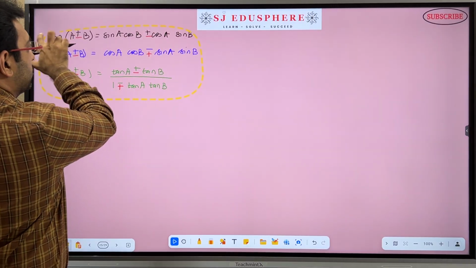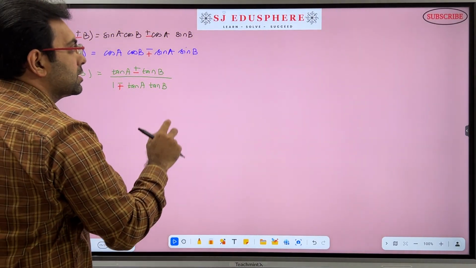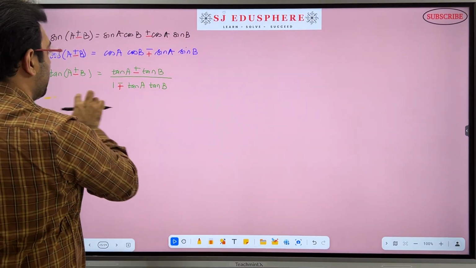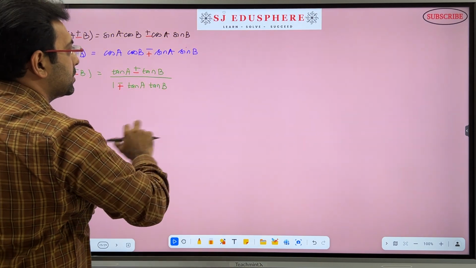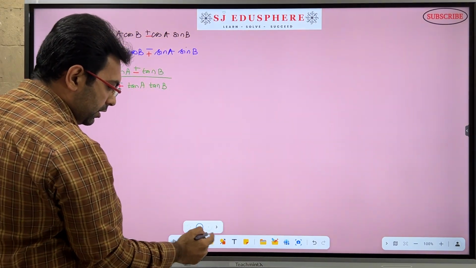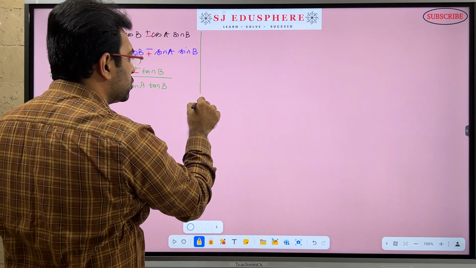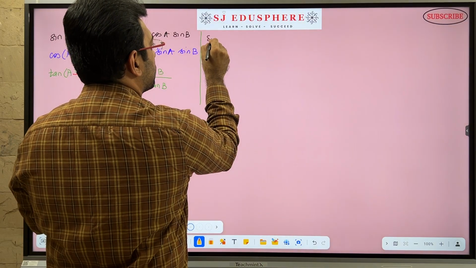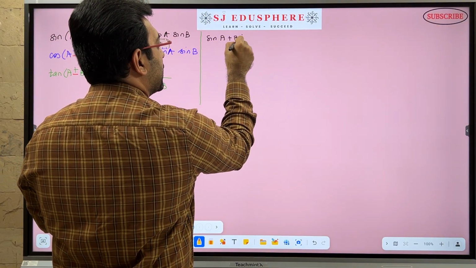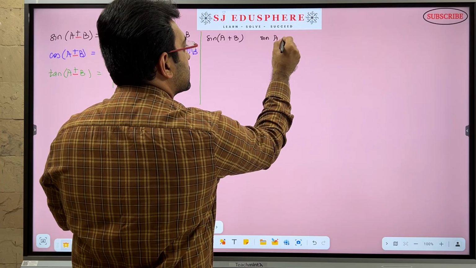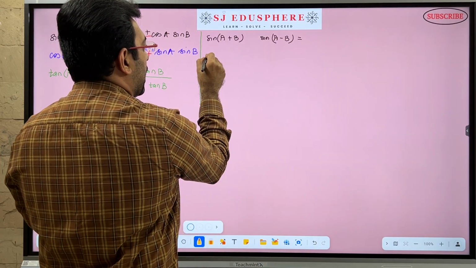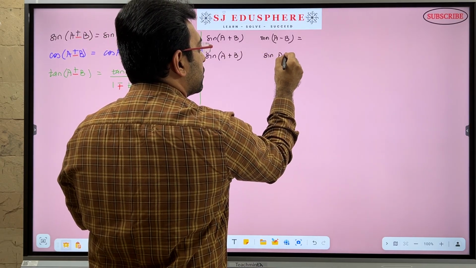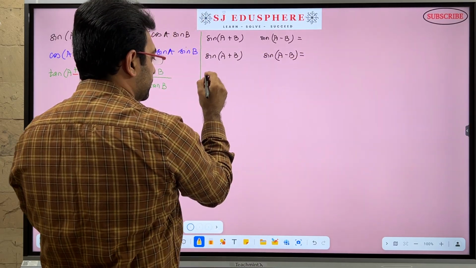Now, once we know this, I am going ahead with another set of formulas. Once you know this formula list, what I'm trying to derive is: I am writing here sine(A+B), sine(A-B), sine(A+B), sine(A-B).